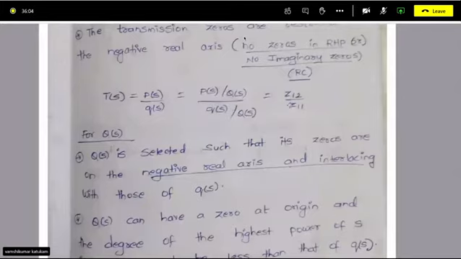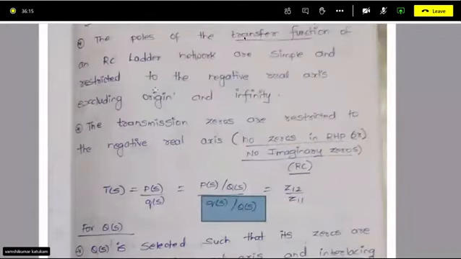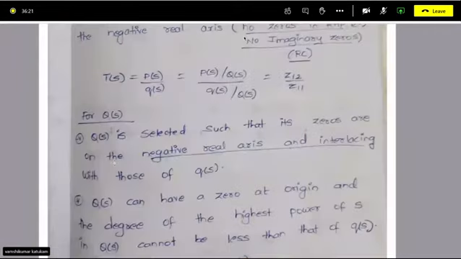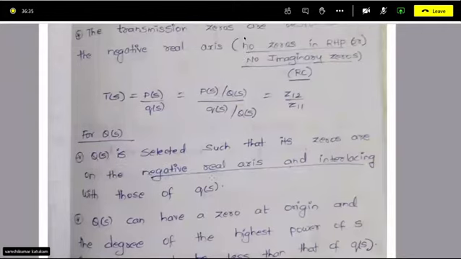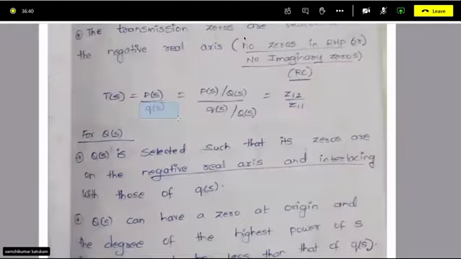So what is the criteria for capital Q of S? We have seen this should be a positive real function, and for the RC ladder there are other criteria. Capital Q of S is selected such that its zeros are on the negative real axis and interlacing with those of small q of S. For a given transfer function, you will have the denominator small q of S. Now we have to select capital Q of S. How are we selecting it?